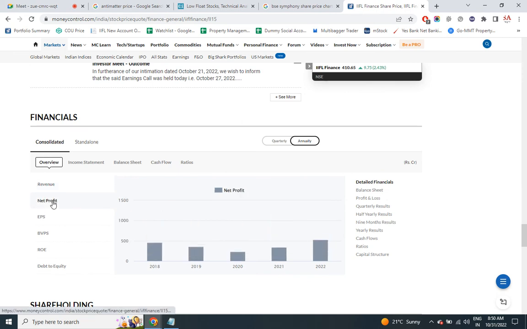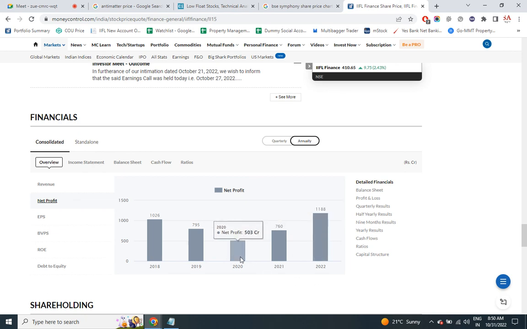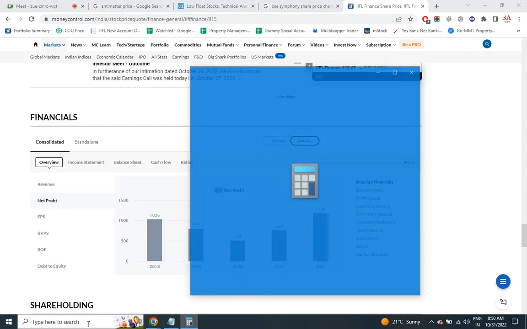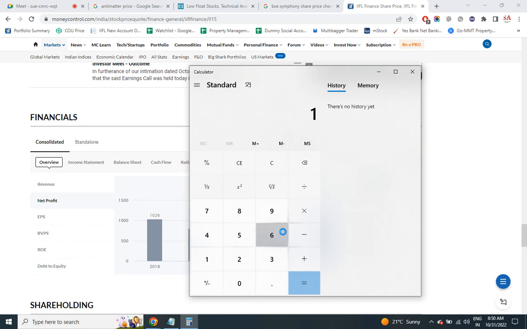So net profit, this is for every year. Look at the growth first. Amazing growth. We anticipated somewhere here itself that the company will grow like anything. And it is right now 1188. So let me take a calculator. 16,000 divided by 1188.